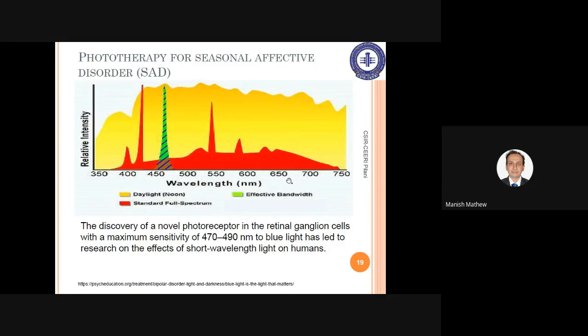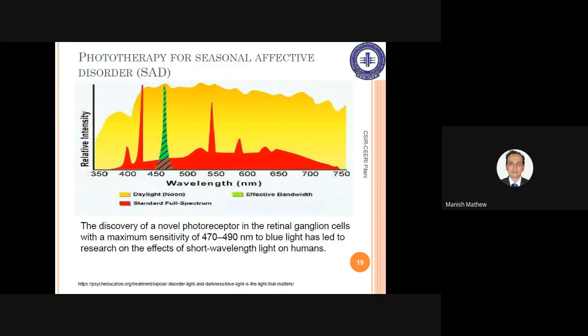But the main effective wavelength for treating this disorder is in the range of 470 nanometers to 490. So if we have any source or light which is in the range of 470 to 490 nanometers, then this will be a very good way to treat this seasonal affective disorder.